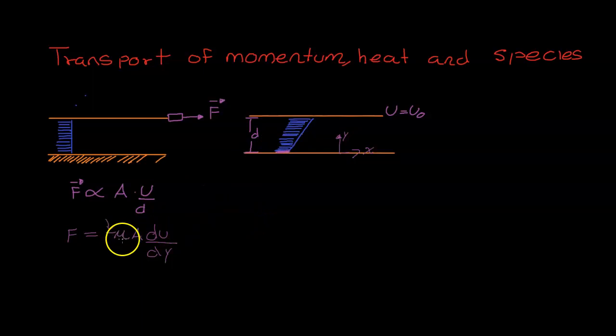Remember this is a vector. If we divide both sides by the area, we get force over area. But this is not pressure, because this is a tangential force, and this is what we call shear stress.